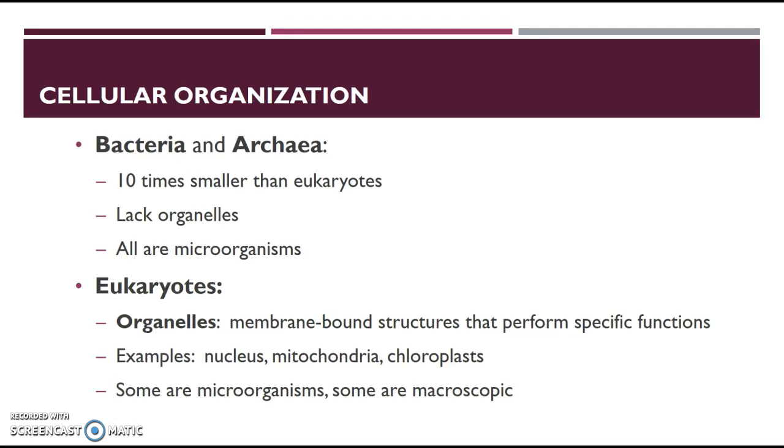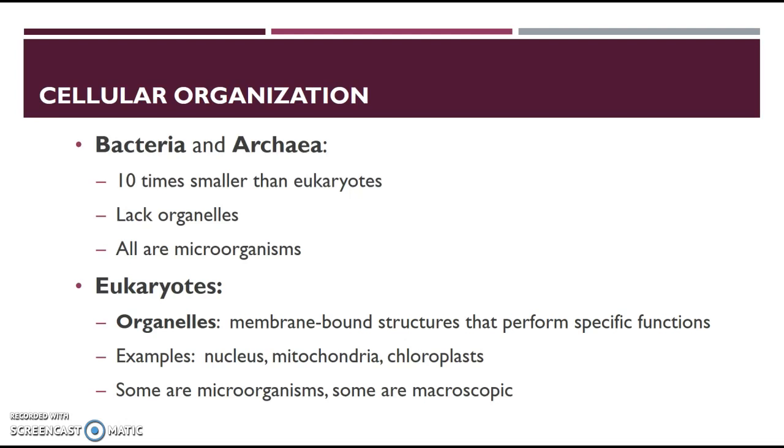They also do not possess a nucleus, so their genetic material is found usually in a somewhat centralized location within the cytoplasm of the cell, so it's not protected within a membrane. All bacteria and Archaea are microorganisms. There is not a multicellular version of these 2 cell types.